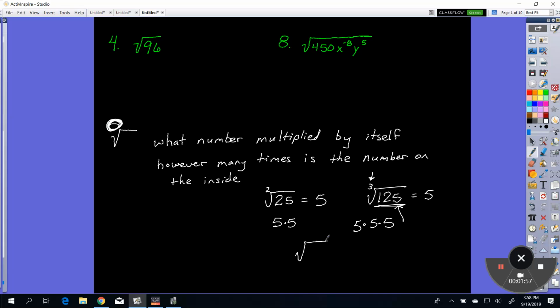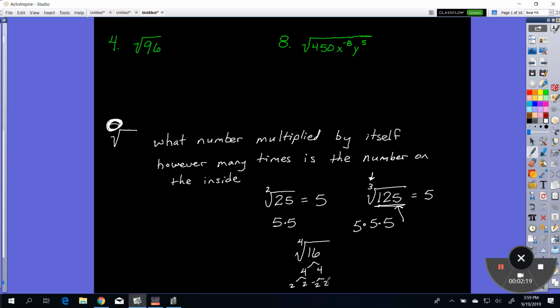Okay, so if I have the fourth root of 16, I'm looking for a number that's multiplied by itself 4 times. So yeah, I know 16 is 4 times 4, but there are not 4 4s here. It has to multiply by itself 4 times to give us 16. So if I break this down, that's a 2, a 2, a 2, and a 2.